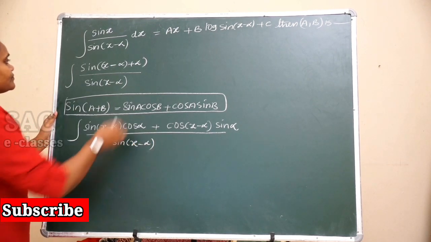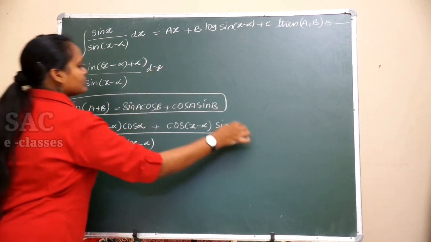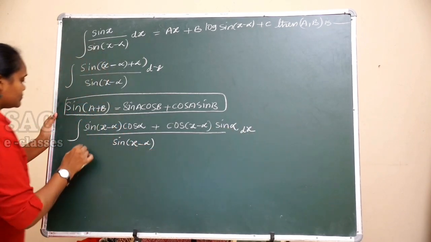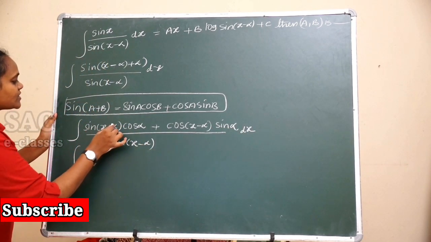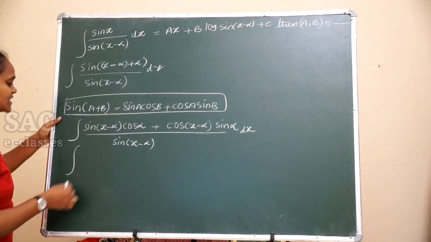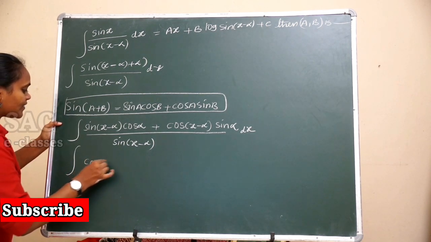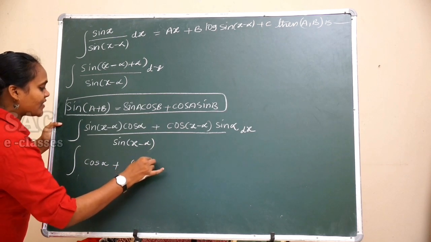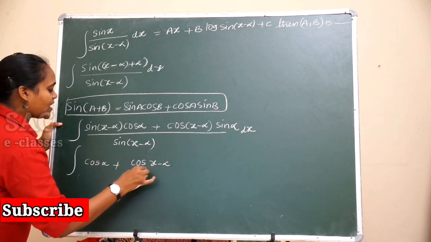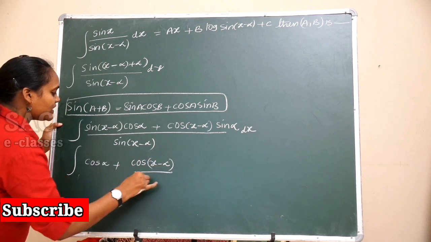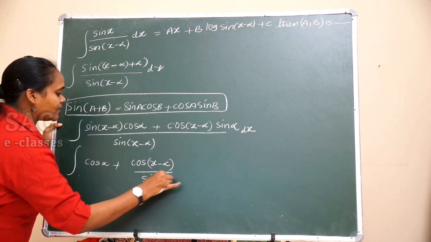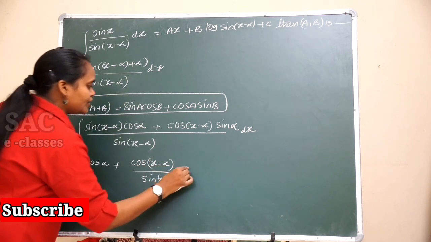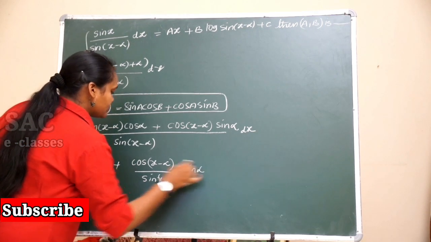Split it. By splitting sin(x − α) by sin(x − α), you get cos α. After splitting this term also, you can write cos(x − α) by sin(x − α) into sin α.